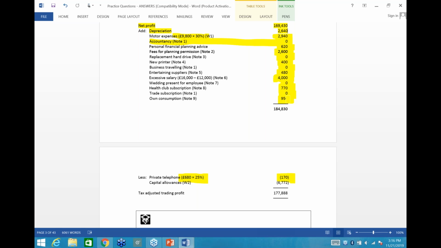There is something called written down allowance. And the written down allowance is based on whether it's a main pool plant and machinery or special rate pool plant and machinery. So accordingly, you can claim capital allowances in different ways.